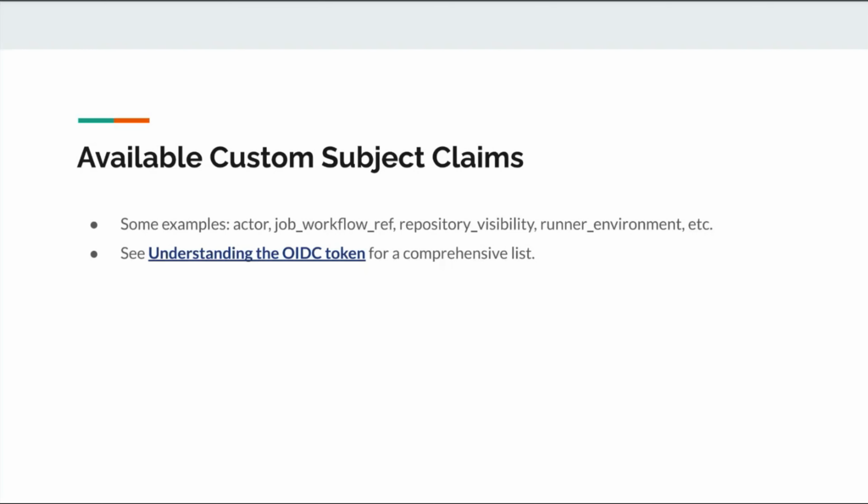And then runner environment, which might be one of the GitHub hosted runners, like Ubuntu latest or macOS latest, or self-hosted even. And there's a link here where if you click it, you'll see a comprehensive list of all the custom subject claims that you can configure.